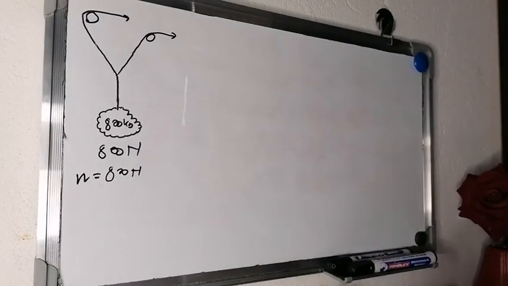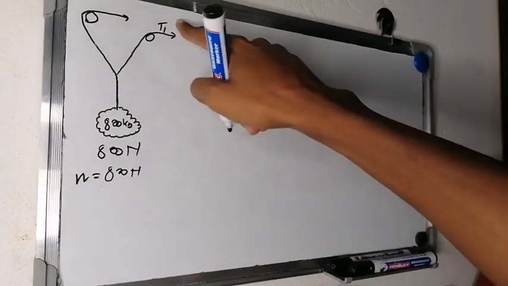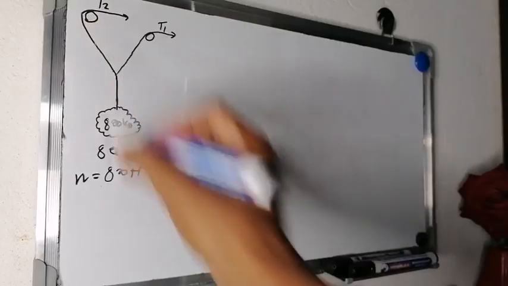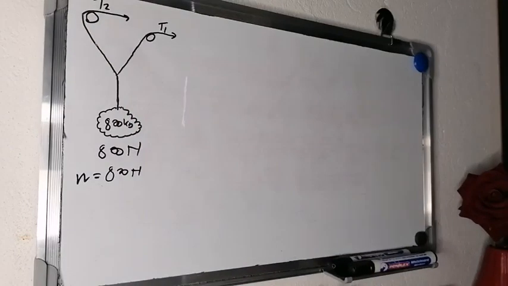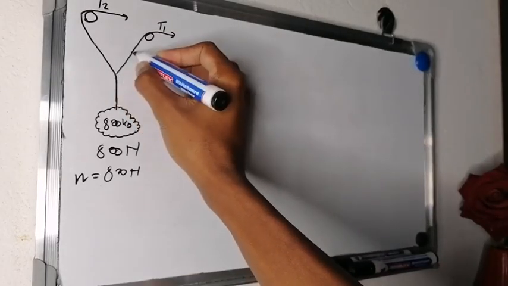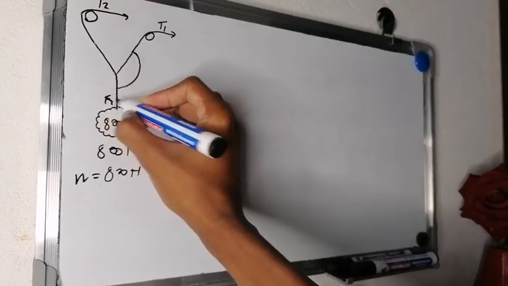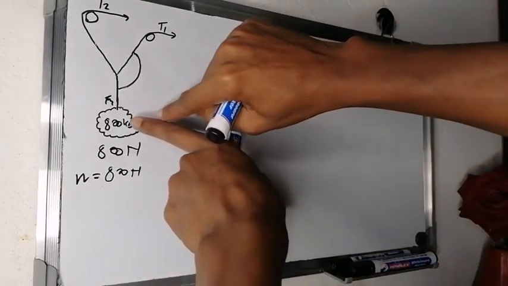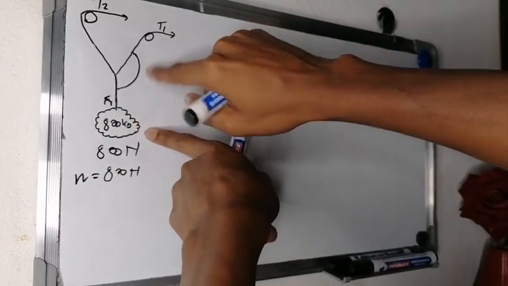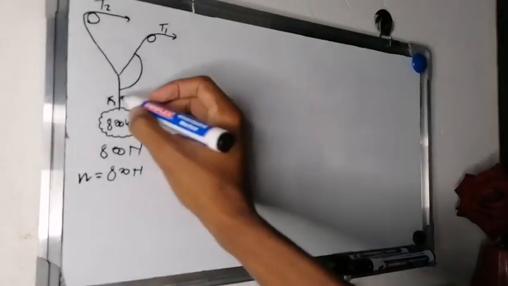We're going to name this rope tension 1. This rope is T1, so the letter T stands for tension, and then this one is tension 2. All right, that's not all. This will be tension 3, by the way, because now there is a rope holding an object, and there is another tension here.